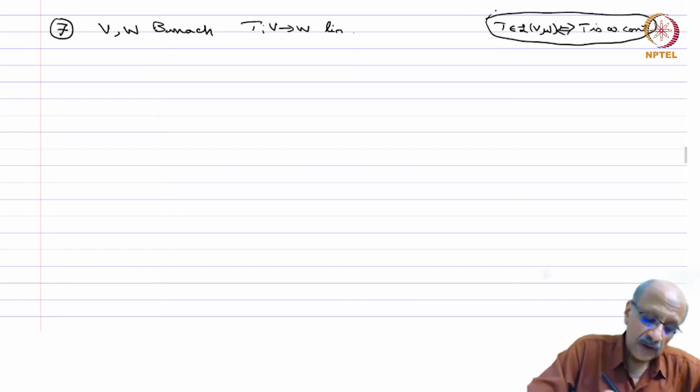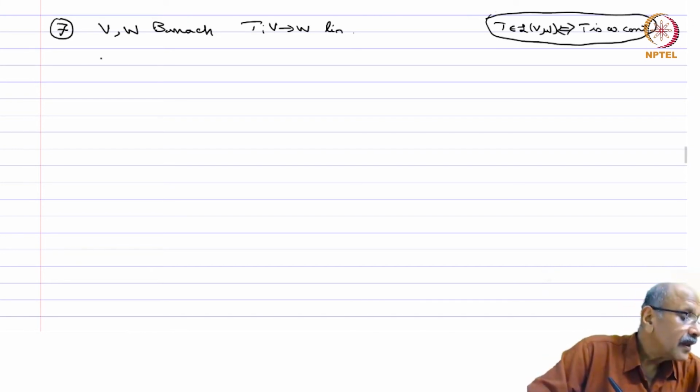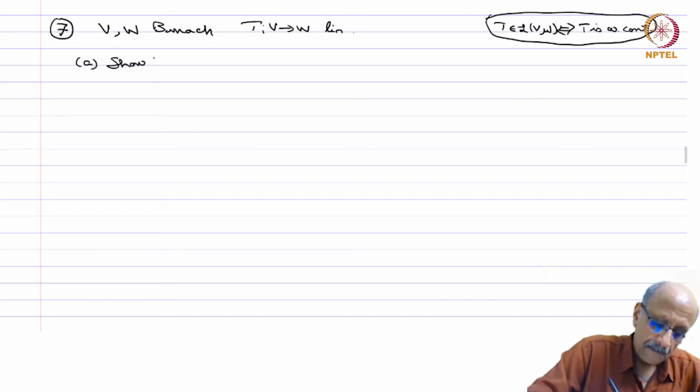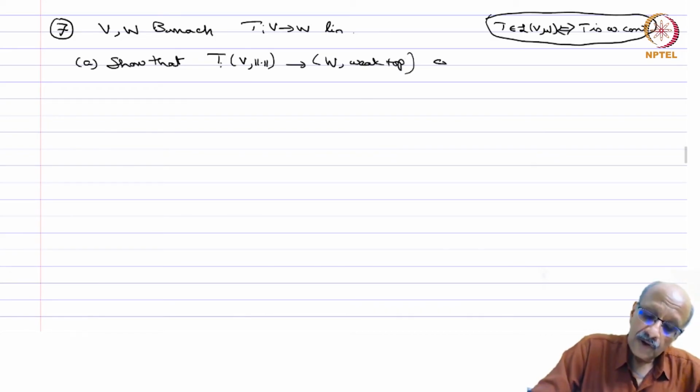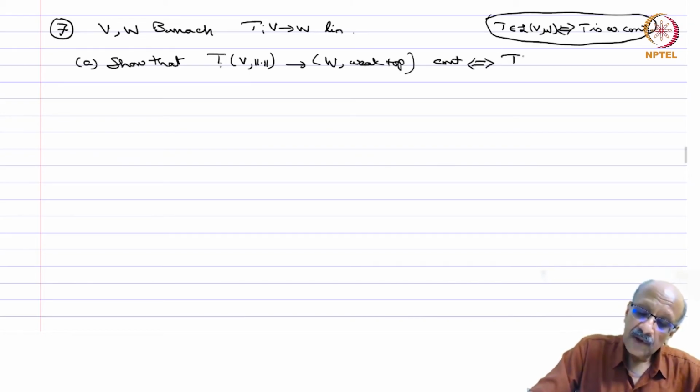Okay. So now we are going to show that, part A, T from V with the norm topology to W with the weak topology is continuous if and only if T belongs to L(V,W).